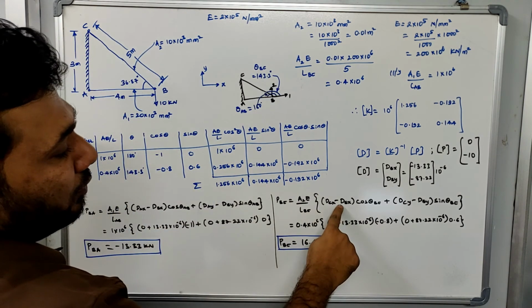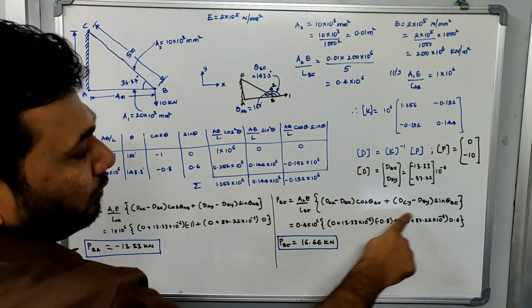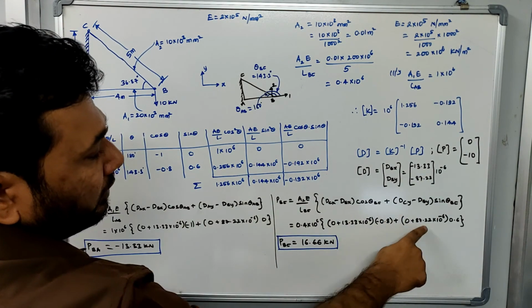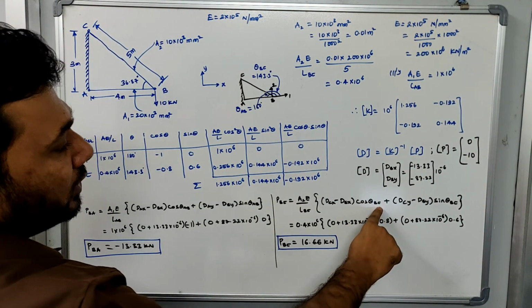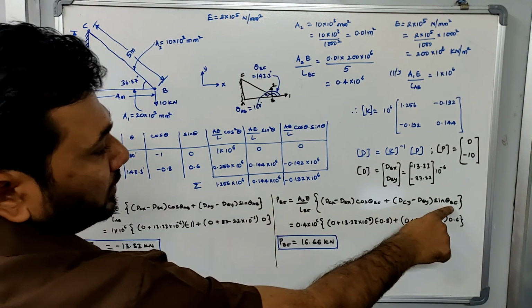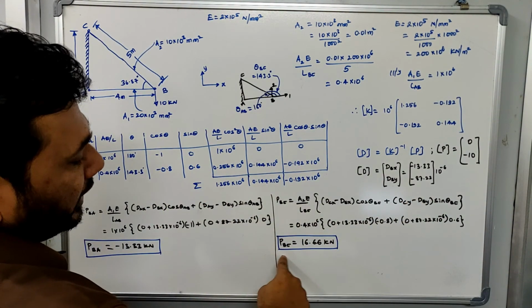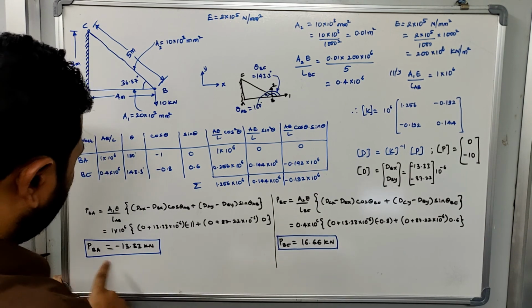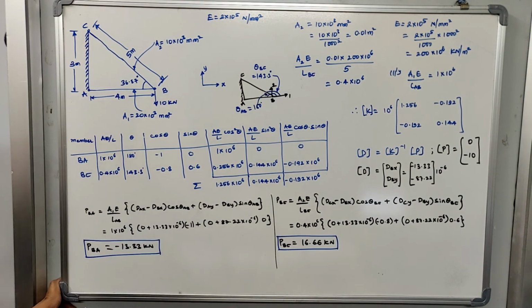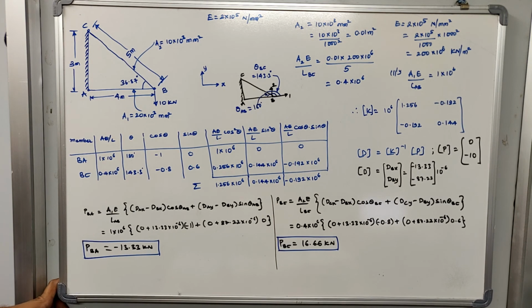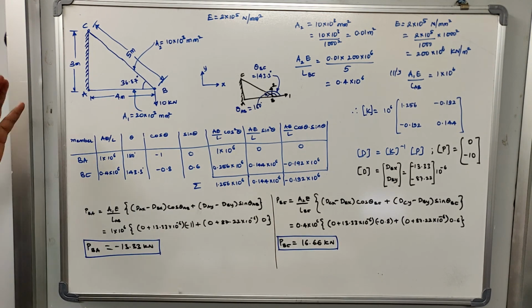Okay, now we know how much is dBx and we know how much is dBy. Let us substitute in this equation, and we have solved how much is cos of theta BC and how much is sine of theta BC from this table, and if we solve this equation we will get to know how much is PBC. Okay, so we have solved for PBA and PBC. This is how we find out the forces in the members in the pin joint structure using the stiffness method.